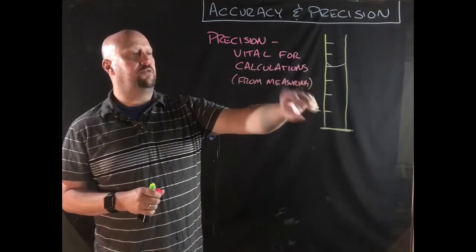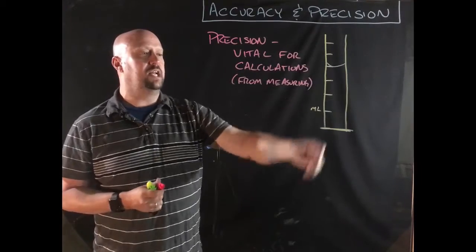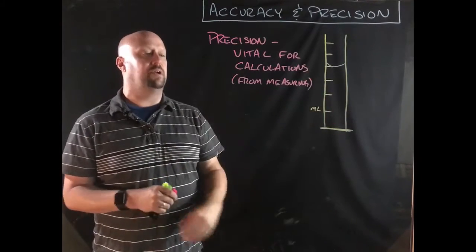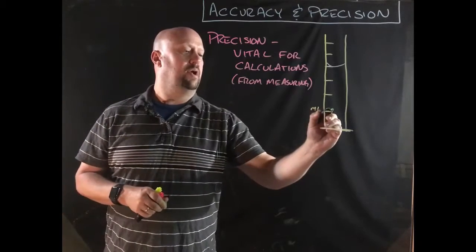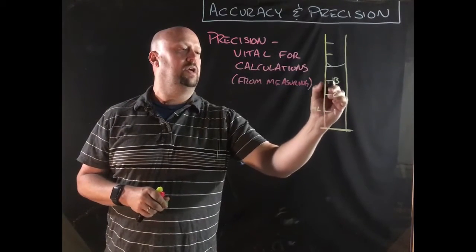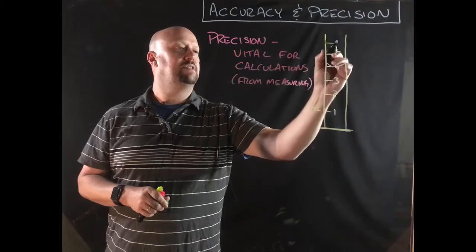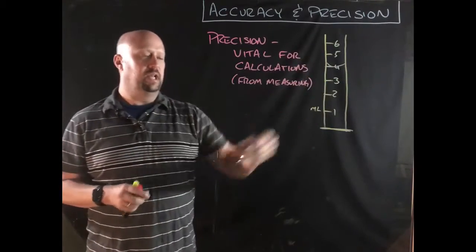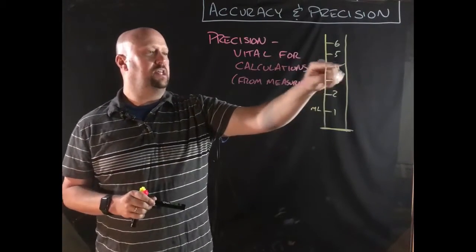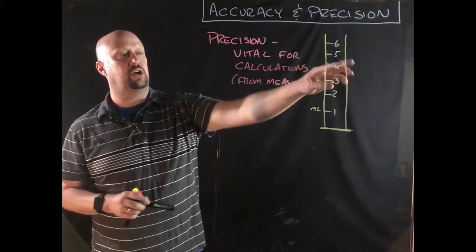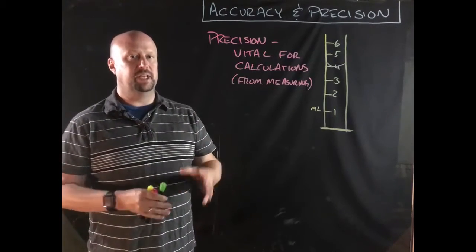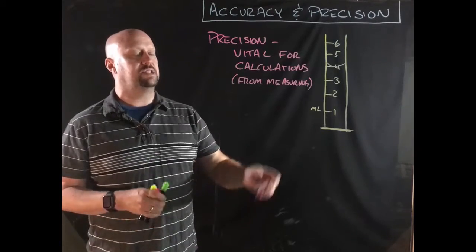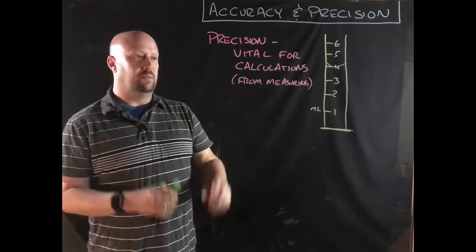Okay, precision for us also means that when we're using an instrument, did we go to the proper number of significant figures? So in our example here, let's assume that we were at 1, 2, 3, 4, 5, 6. We're measuring a liquid in a graduated cylinder. You see the liquid has a little curve. Remember that curve at the bottom is called the meniscus. You should always measure at the bottom of the meniscus. We should talk about that in lab safety and stuff, but always down at the bottom of that curve.